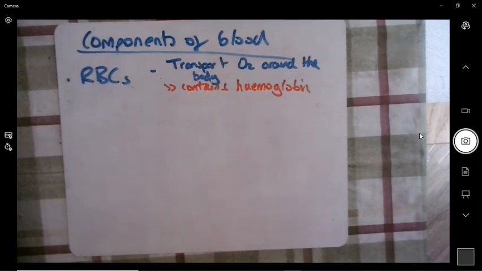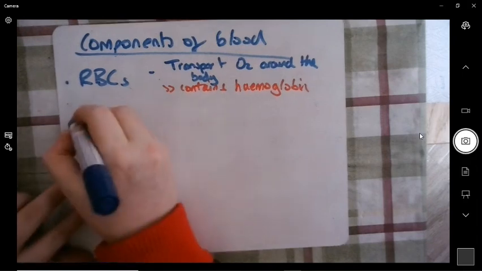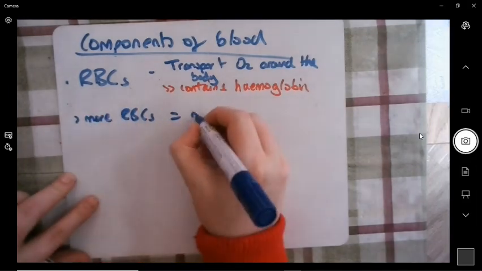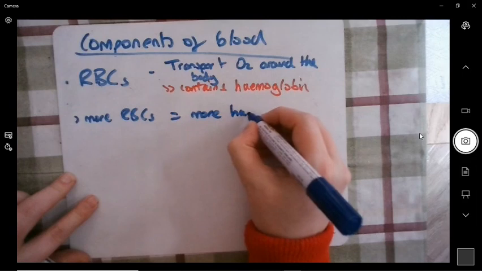Well, you may or may not know, but at high altitude there is less oxygen in the air. And your body responds to that. If there's less oxygen, it needs to maximise what it can transport, and therefore it will actually produce more red blood cells. And more red blood cells means there's going to be more hemoglobin.